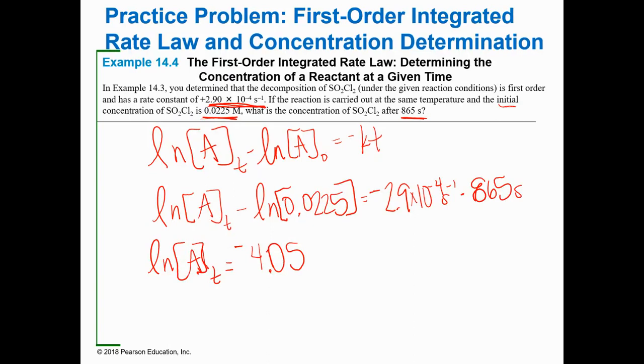All right, so the unit for this is going to be molarity. I did that, I moved this over, so I plus this over here, and then I multiplied it by these two.